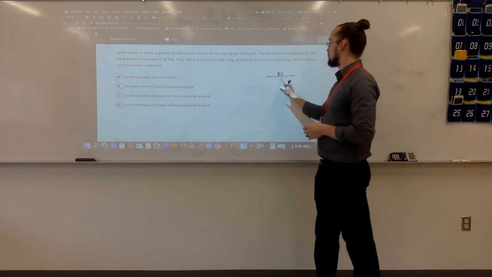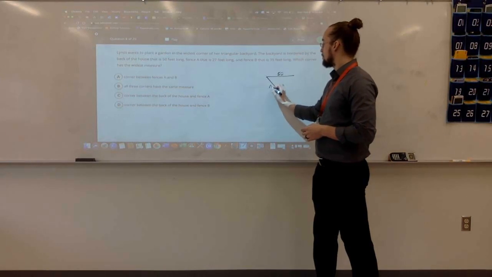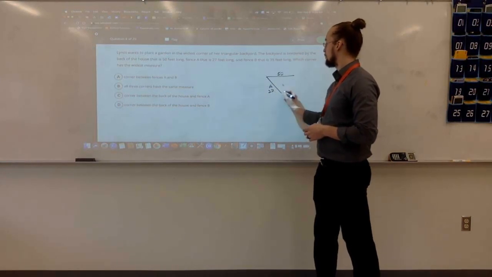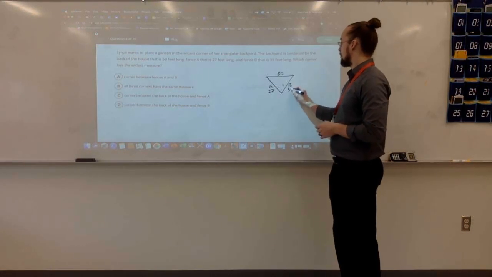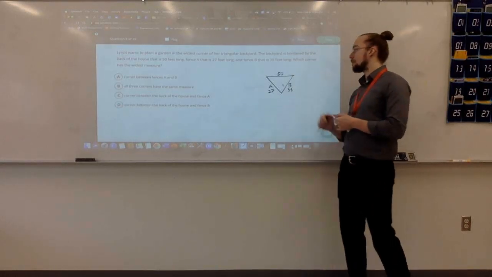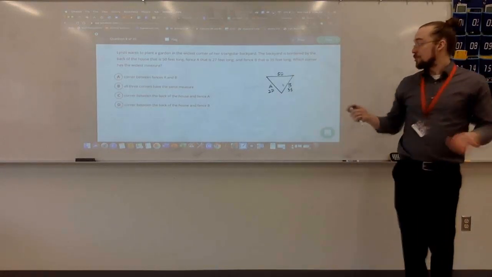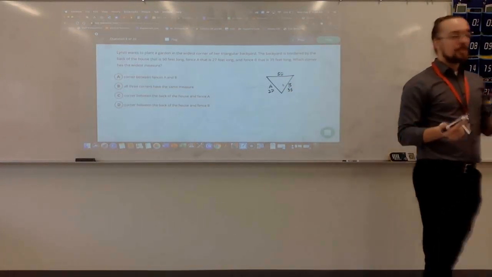So we can say here's the back of the house, and then fence A. So here's fence A, 27 feet long, and then fence B is 35 feet long. So I've got a triangle with sides of 50, 27, and 35. And then we just want to figure out which of these corners has the largest angle measure.